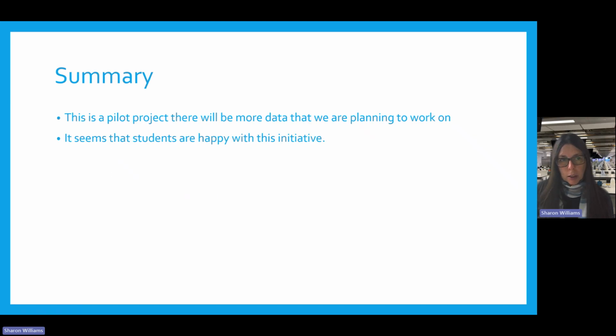This was a pilot project. We wanted to see the effect of those changes in assessment and how that improved our pass first time and attainment. And thank you very much for listening, and I look forward to hearing some feedback.